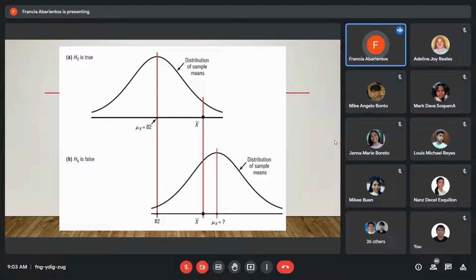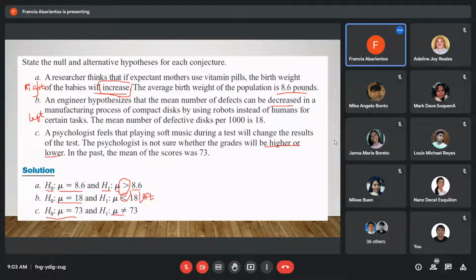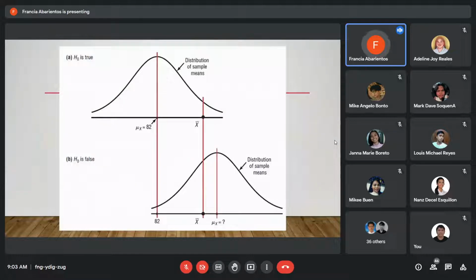So, in letter A, class, this is how you represent your statistical distribution of means in the given problem. So, what do we have in letter A? 82. This is an example of representation of the mean.